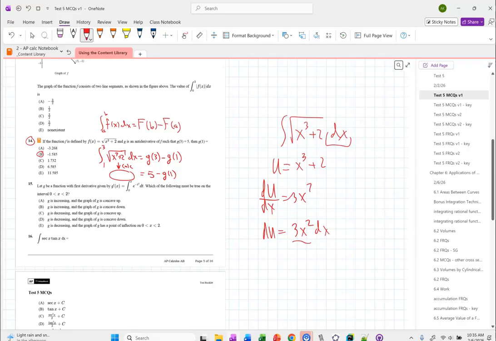I can't tell without trying a little harder if you could trig substitute that one out, but it doesn't look like a good candidate for it. Which one? Square root of x cubed plus 2. It doesn't look like a trig substitution problem to me.